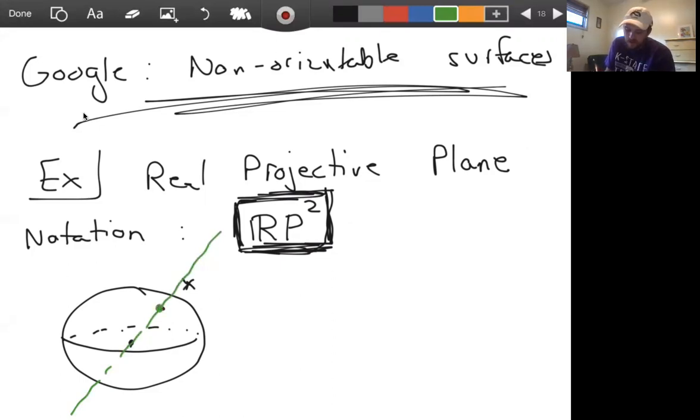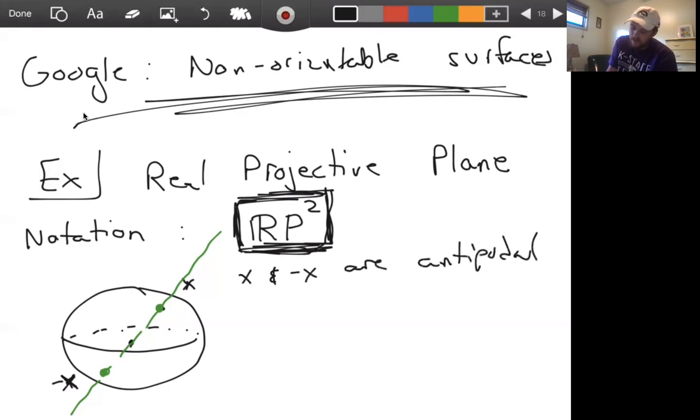It intersects the sphere at X, and then it intersects the sphere at some other point. We'll call this point negative X. Okay, and so now we have 2 points. These are called antipodal points. X and negative X are antipodal, right? Meaning they're on the same line that passes through the origin, but they're on opposite ends of the globe, right? And so these are antipodal points here.